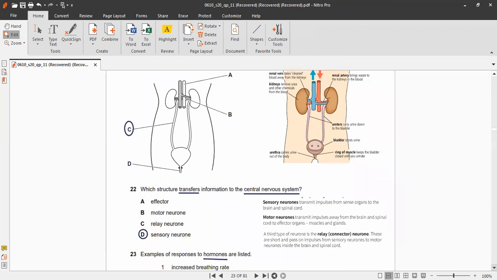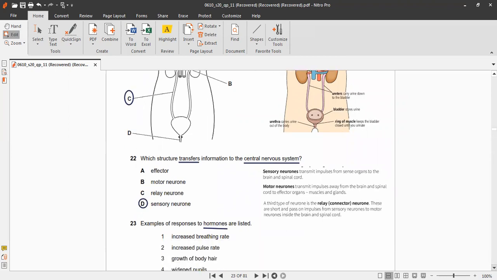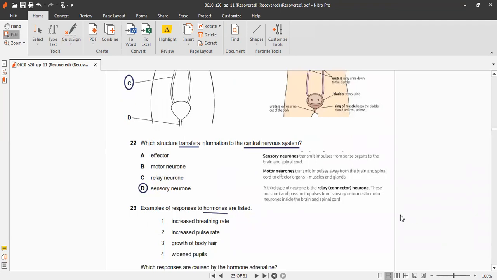Which structure transfers information to the central nervous system? Let's revise this part. Sensory neurons transmit impulses from sense organs to the brain and spinal cord, to the central nervous system. So the correct answer is D, sensory neuron. What about motor neurons?